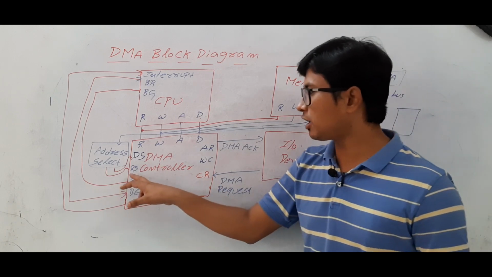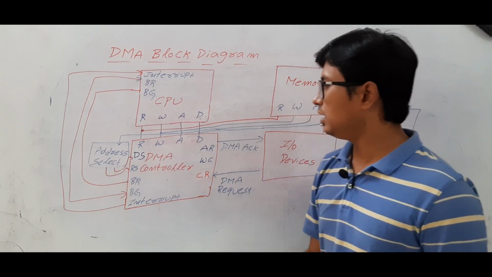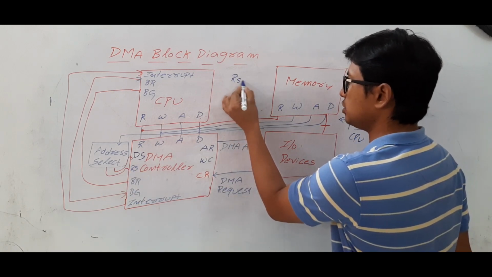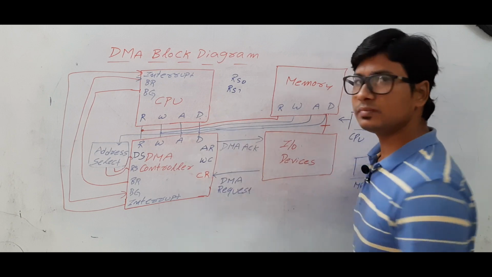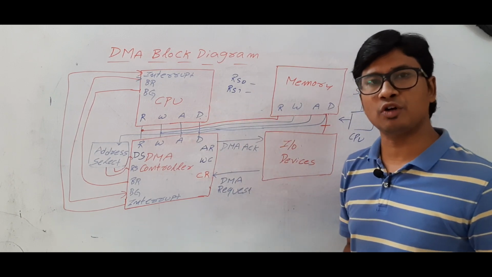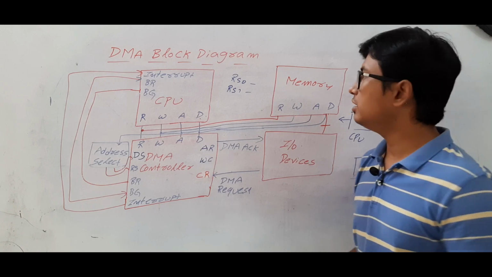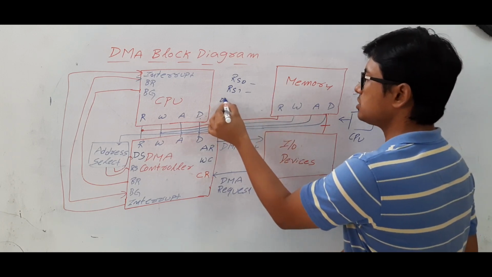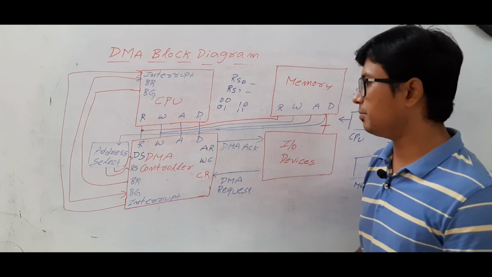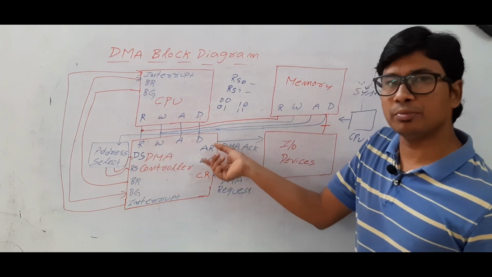Now let me come to this register select. This register select is a 2-bit pin, RS0 and RS1. Using 2 bits, as you know, we can select 4 combinations. Am I right or wrong? If it is a 2-bit number, 00, 01, 10, 11, 4 combinations can come. However, we have 3 combinations here.